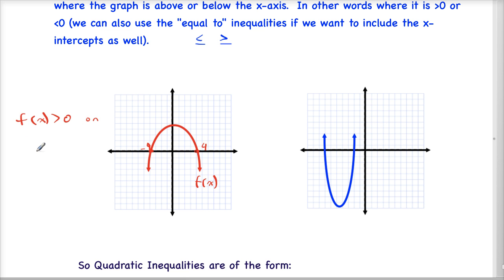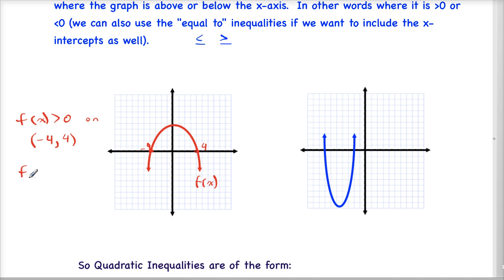And remember, we're going to use interval notation. So our x coordinates, it's greater than 0 in this region here between negative 4 and 4. So my interval notation looks like this. And I used parentheses just because I just had the strict inequality of greater than 0.